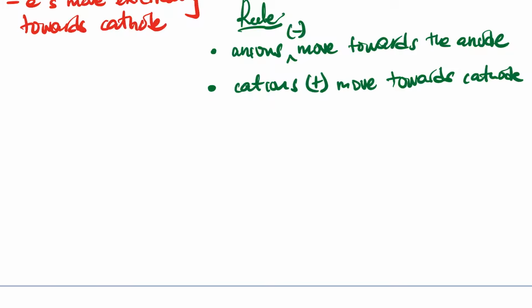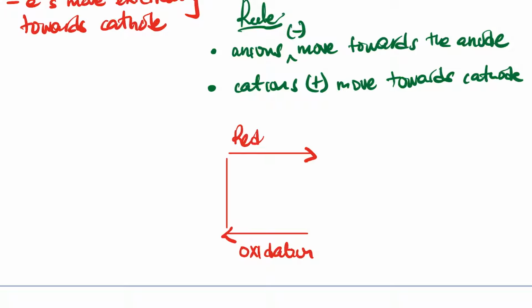But in the electrolytic cell, the half reaction at the bottom is what is oxidizing now. The one at the bottom we read from right to left. It's undergoing the oxidation, and the one at the top is undergoing the reduction.